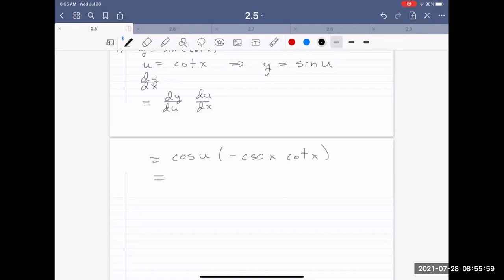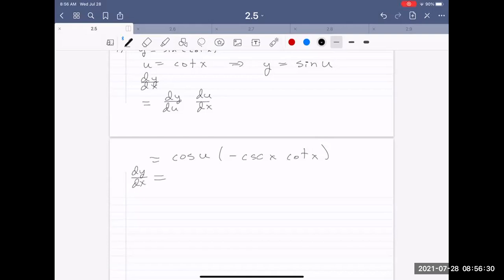Now, one problem here is that this is in terms of u's and x's. I don't have a u in the original problem, so I can't just write this derivative, the dy over dx, where I have some other variable.